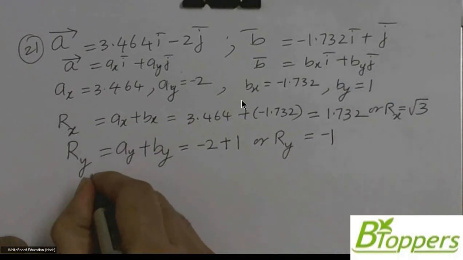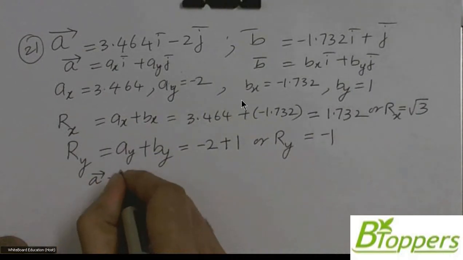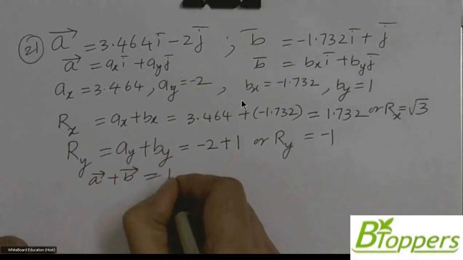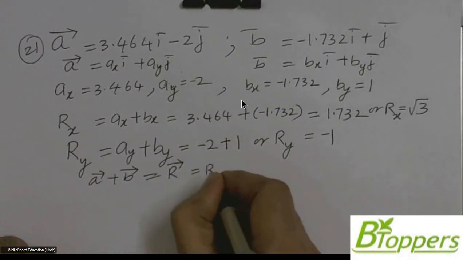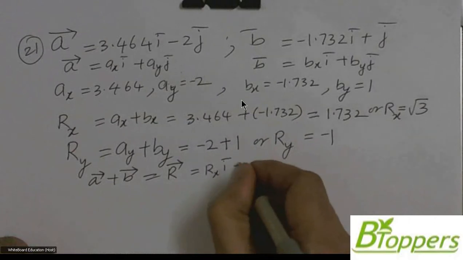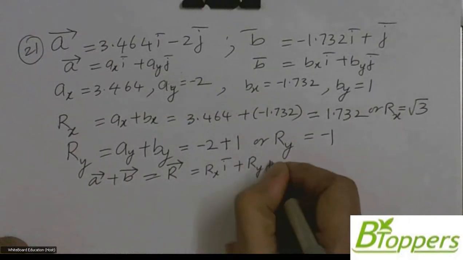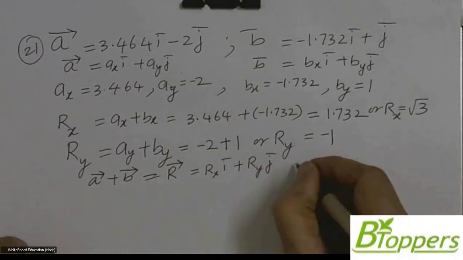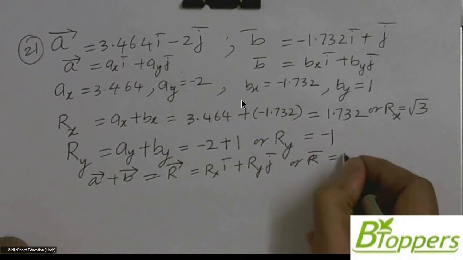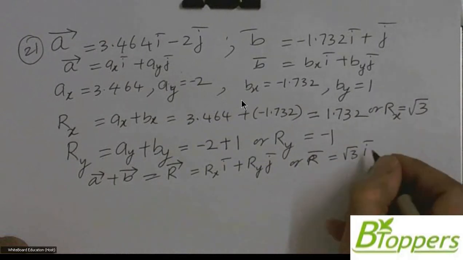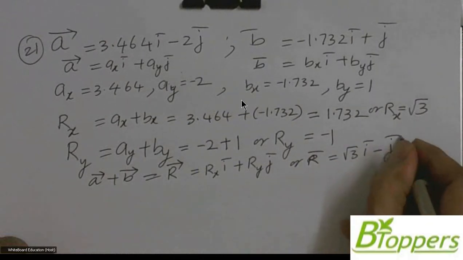So the resultant of A bar and B bar, meaning A bar plus B bar, can be written as R bar. This R bar can be written as Rx I bar plus Ry J bar. Means you can write R bar equal to root 3 I bar minus J bar.